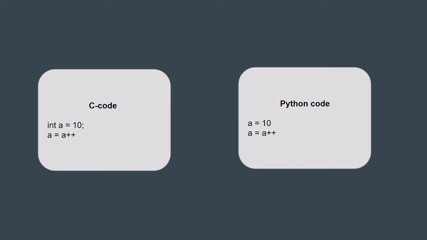Whereas in Python code, you do not need to explicitly declare the variable type. You can straight away put the expression a = 10, the value of 10 will be moved in a, and you can perform the increment operator. It is very easy to do such things in Python. That makes it more and more famous.